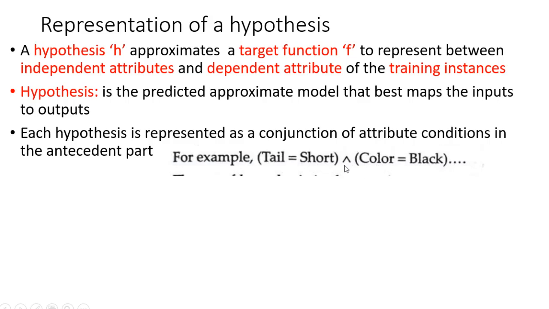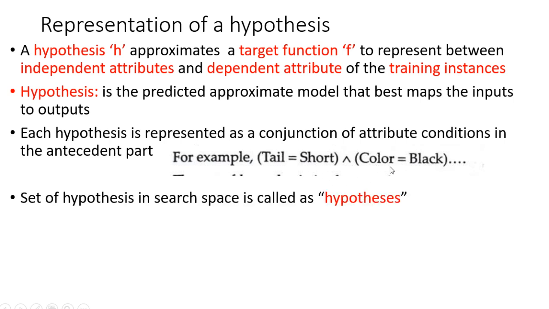You're basically representing the relationship between these two attributes. Now, I need both these attributes to say that this is an elephant. So this is the conjunction or relationship which is established between the two attributes. Hypothesis also represents the conjunction between the two attributes here.